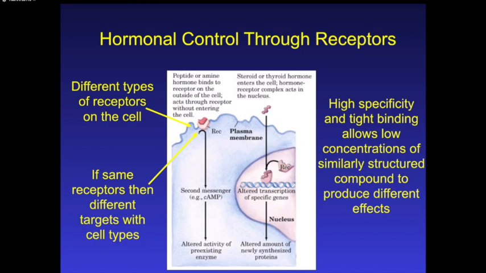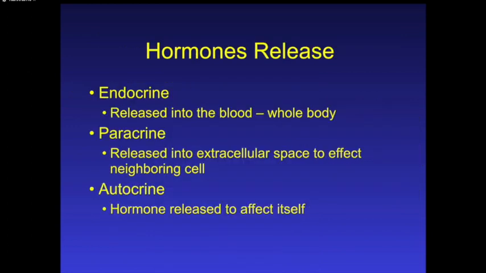This particular type of response is usually much slower, and so a drug of that nature may take hours to days, where a receptor on the surface could be as little as, in an asthma attack, you take the inhaler, the albuterol binds very quickly, and within relatively seconds, you can have a response.